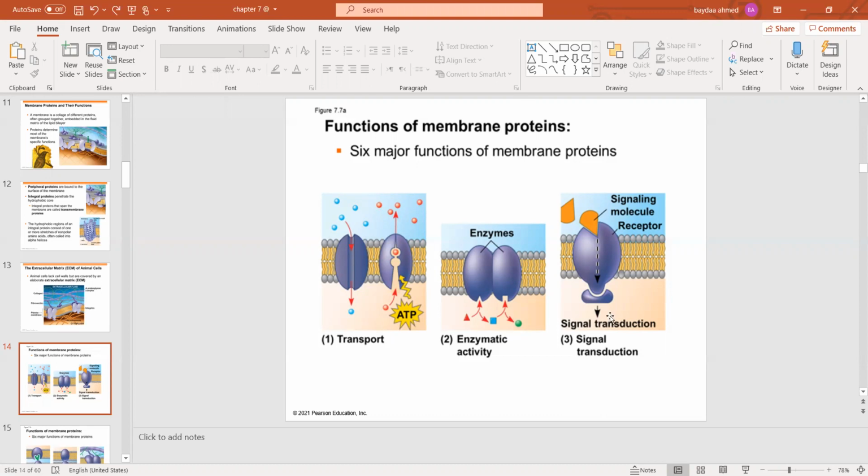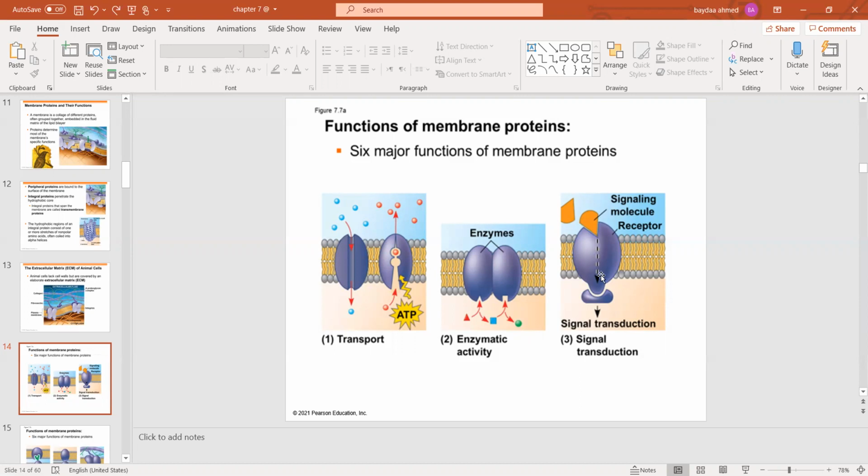And then we have proteins that serve in signal transduction. We call this type of protein a receptor. It may have a binding site with a specific shape that fits the shape of a chemical messenger, such as a hormone. The external messenger signaling molecule may cause the protein to change shape.